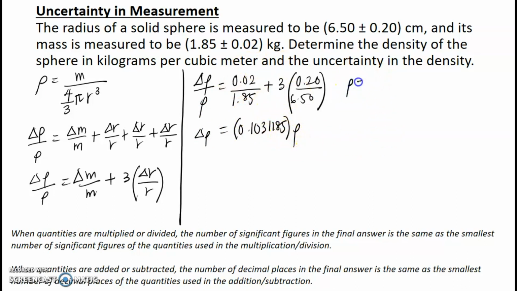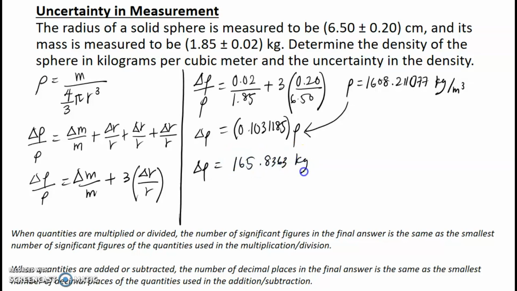Now remember that the density, as we calculated, is 1608.211077 kilogram per meter cube. So this value will be multiplied with the fractional error due to the mass as well as the radius. The uncertainty of the density will be 165.8363 kilogram per meter cube.